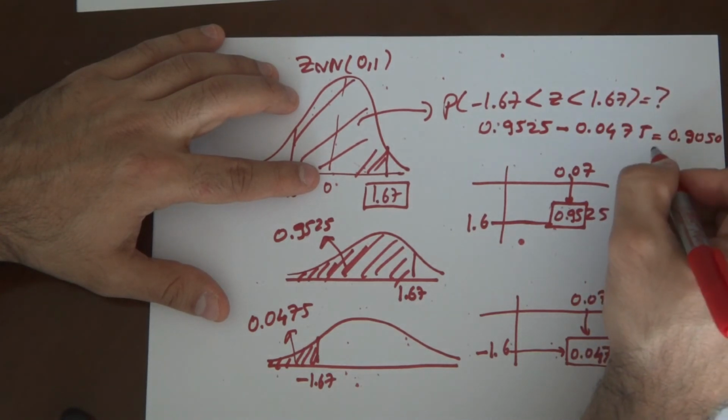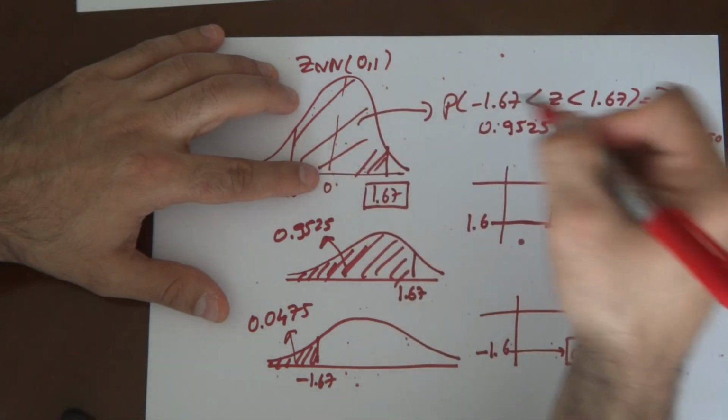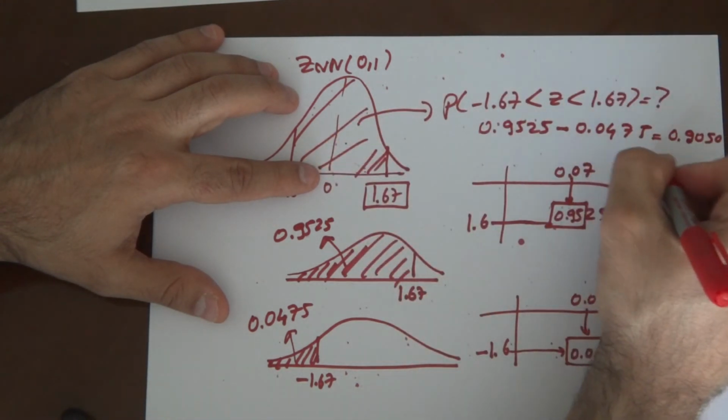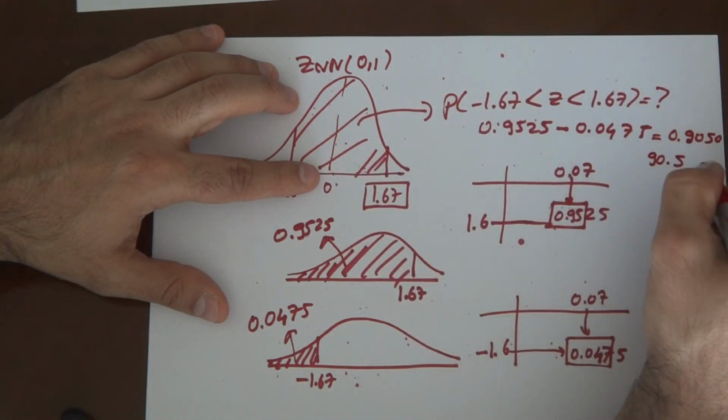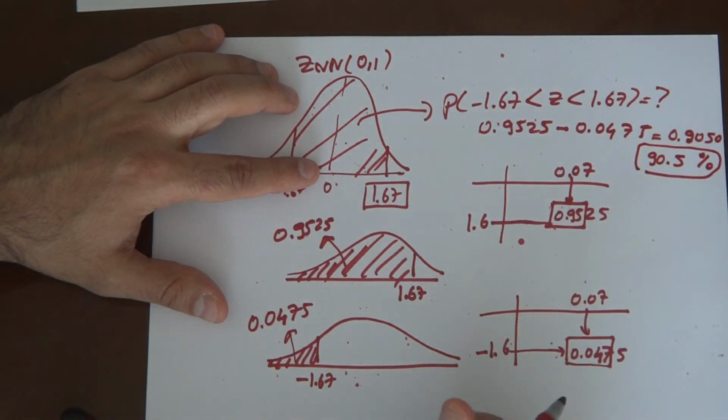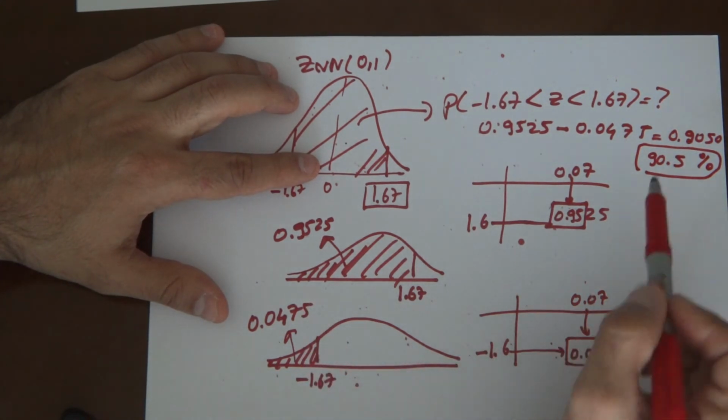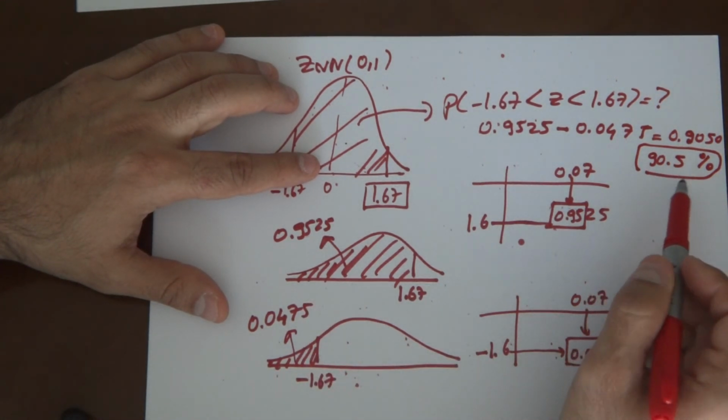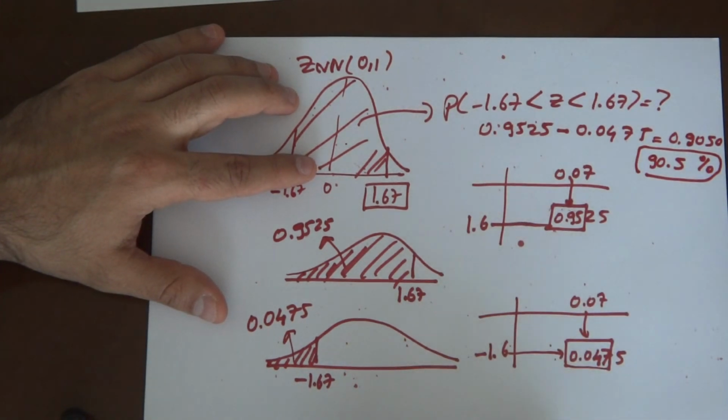If you multiply by 100, the answer is 90.5%. So the daily sale of bread between 65 and 75 is 90.5%. Thank you.